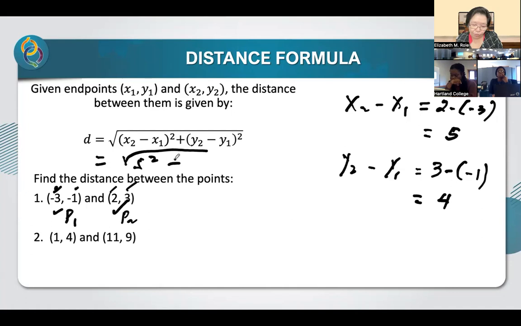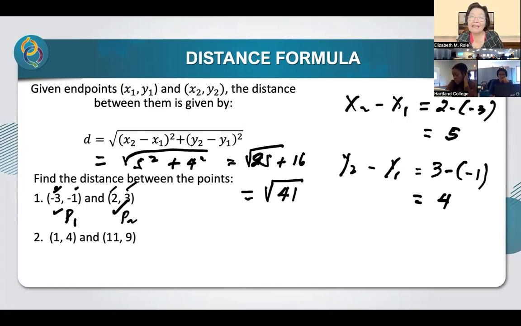Your y sub 2 minus y sub 1 is 4 squared. So that will now be the square root of 25 plus 16. 5 times 5 is 25. 4 times 4 is 16. That will now be the square root of 41. Leave it as it is.